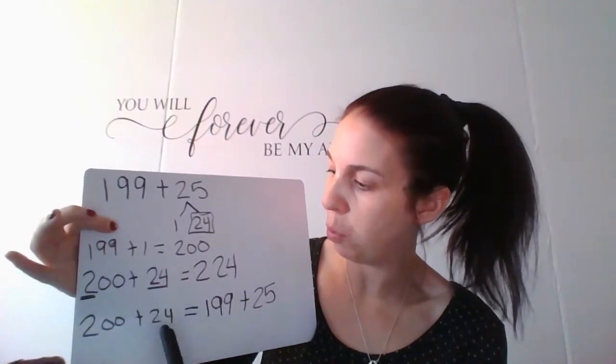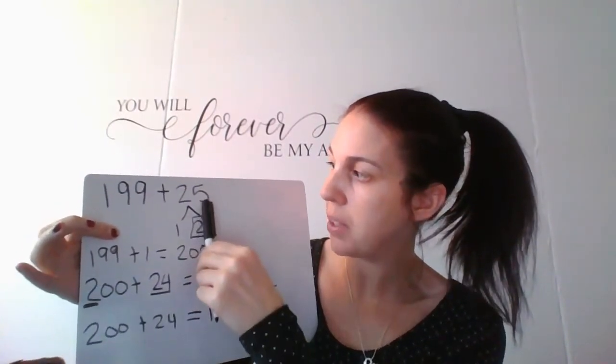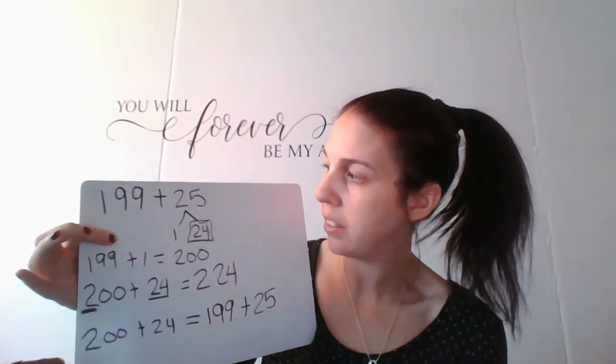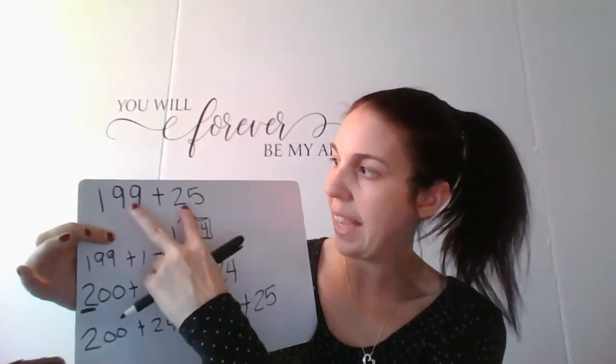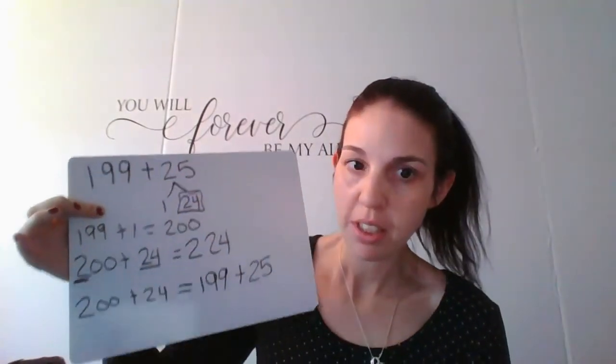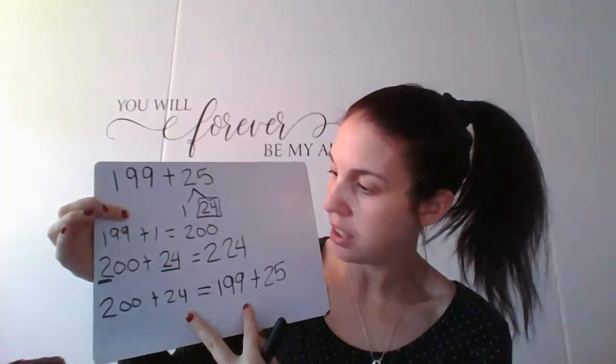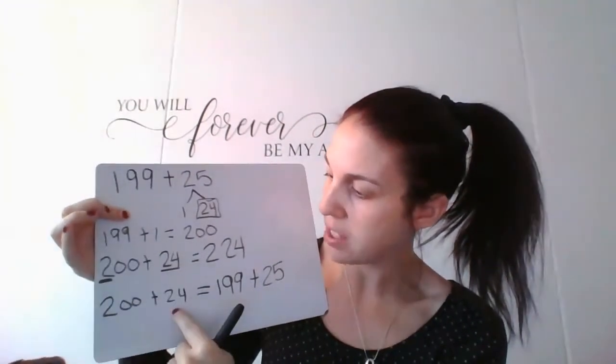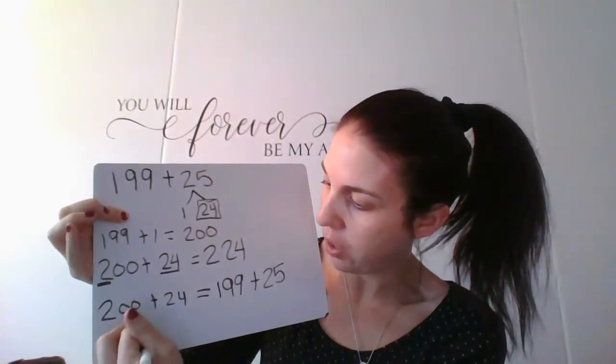We just moved one number from here and pulled it over here, but we're still adding the same amount. So this equation would be true. If you saw this equation, you would add 200 plus 24. That answer is going to give you 224.